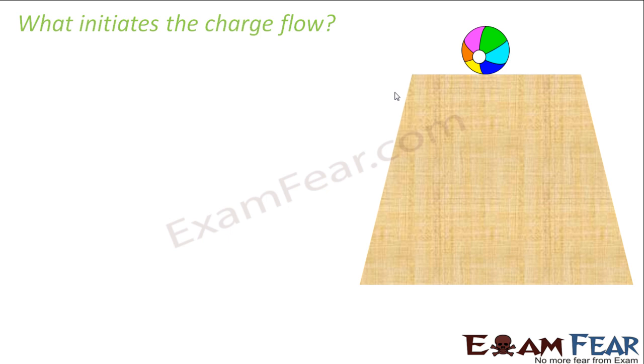They need to do the work to climb the stairs and reach the top. Once they sit on that slope, they automatically come down, so they do not have to do any extra work. Similarly, once the charge starts flowing, it keeps flowing. But what is it that initiates the charge flow? That is what we need to investigate.